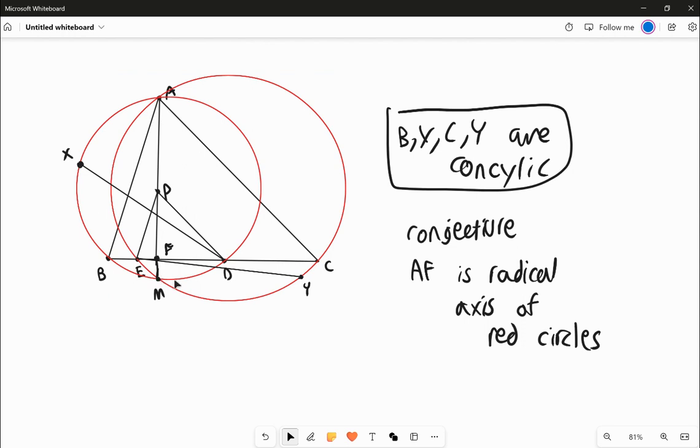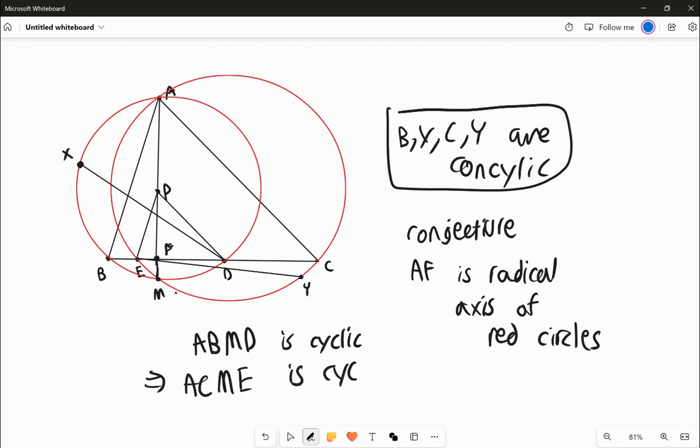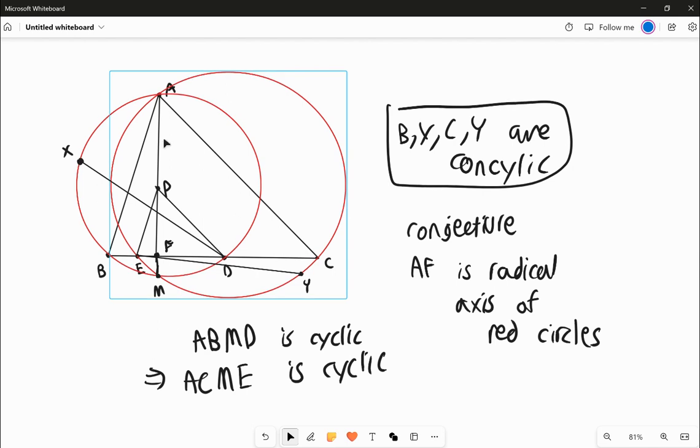If M is the intersection of AF with one of the circles, then that means that ABMD, suppose, is cyclic. And we want to show that this implies that ACME is cyclic. Well, what does this imply?